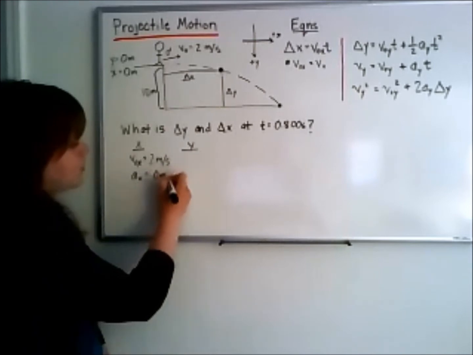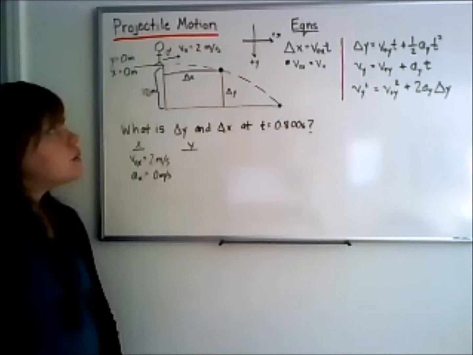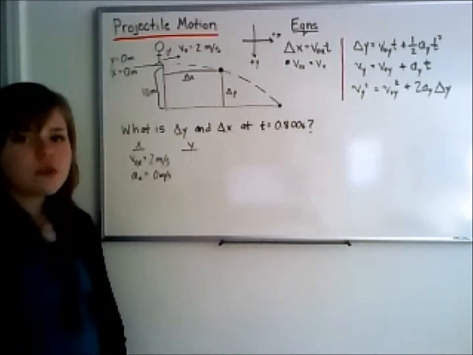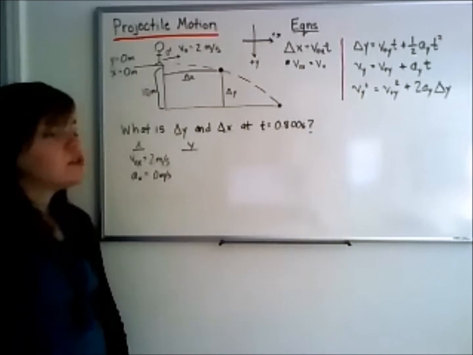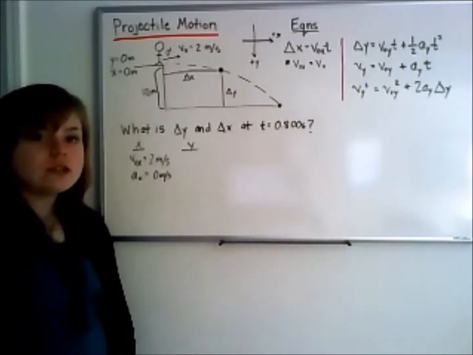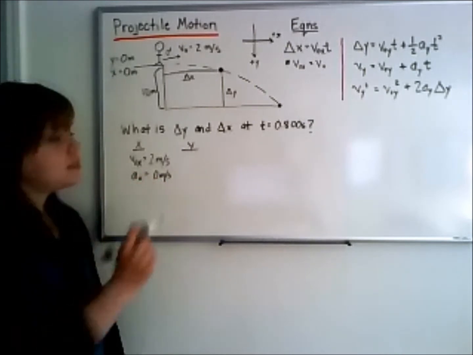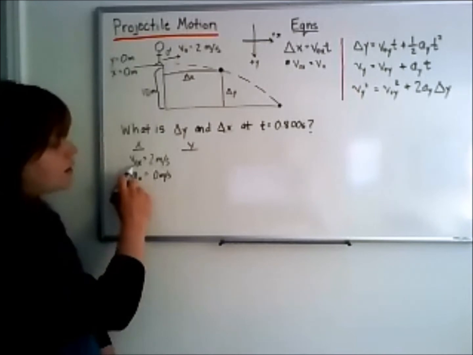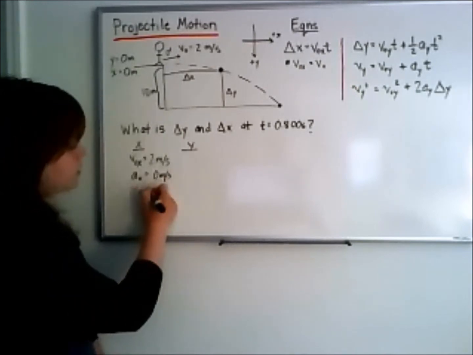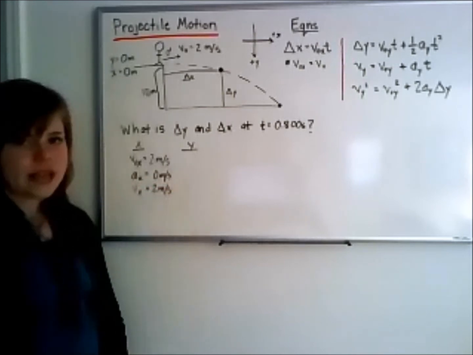Now, if the problem had stated that there was a wind he was jumping off across, or some other force acting on him, the acceleration wouldn't be 0. But in this problem, we can fortunately assume that it is. And this will simplify our problem because it means that the velocity in the x direction won't change. So Vx for the entire problem will be 2 meters per second.